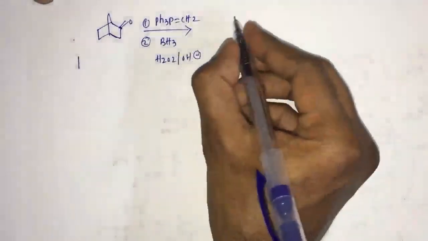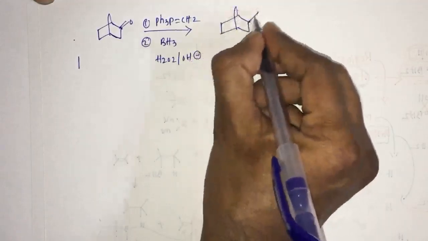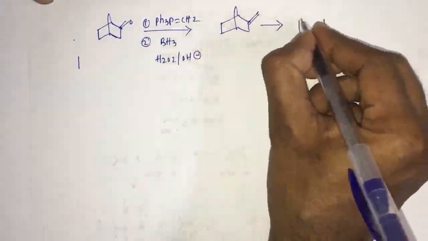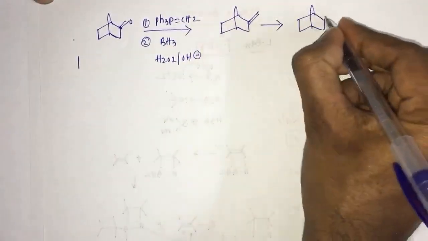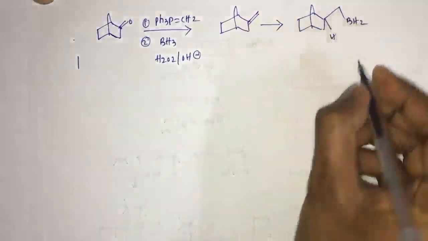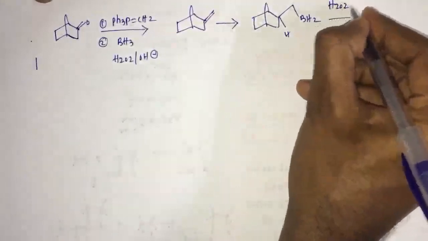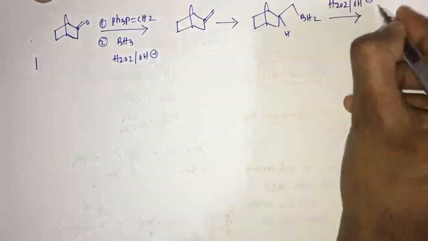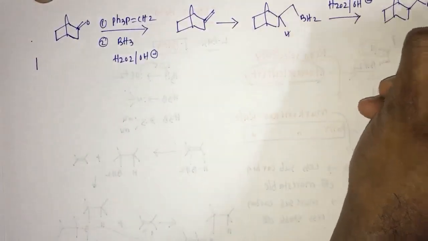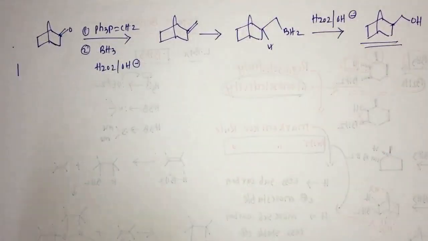So in the first step it is a Wittig reaction, we'll get CH2, and next step is the hydroboration. Here hydrogen comes, here BH2 comes, and after that if you treat this one with H2O2 and OH minus, here we'll get alcohols. Okay, so now I will explain the mechanism for this, how this reaction goes.